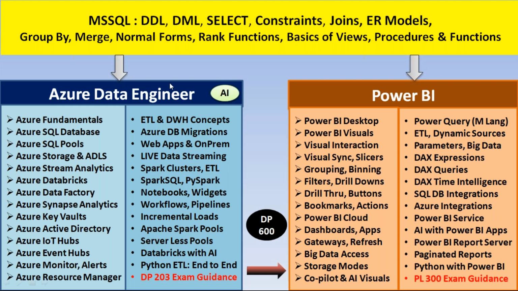Next, once you complete this yellow box items, then you'll proceed to the left side blue box items. Okay, so here it is. The left side blue box is all about data warehouse, DWH.